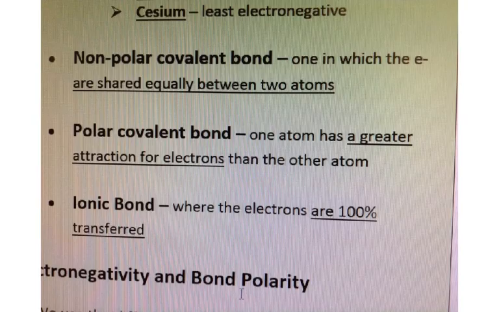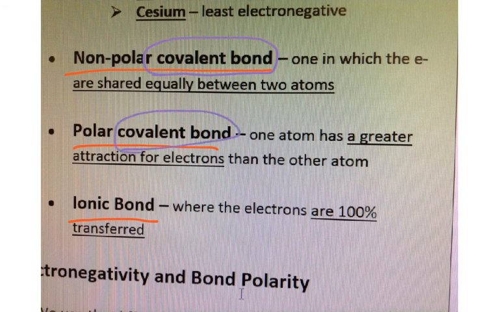Now the electronegativities decide what type of bond two elements will have, and you have 3 options: nonpolar covalent, polar covalent, and ionic bond. If you remember from previous units, covalent bonding is when you're sharing. So we have 2 types of bonds that exist when you're sharing the electrons, nonpolar and polar.